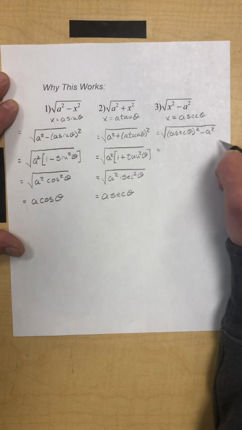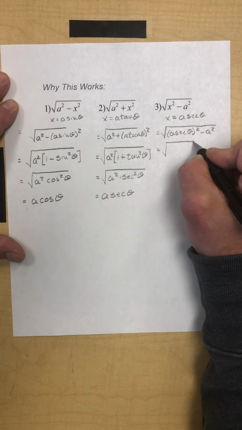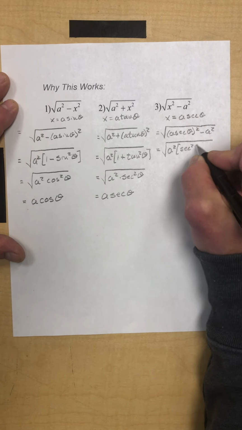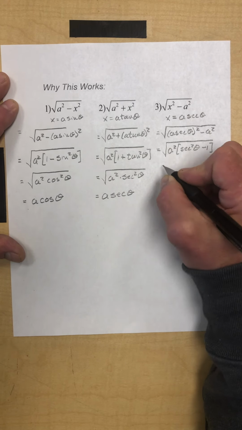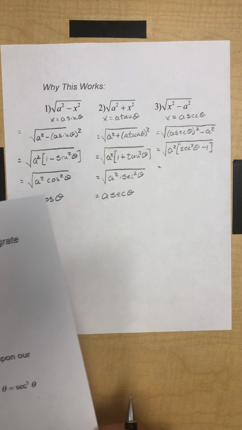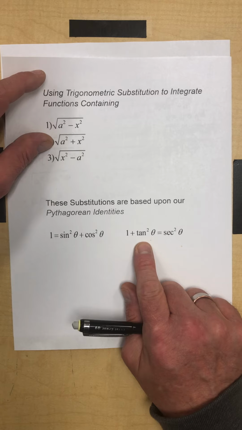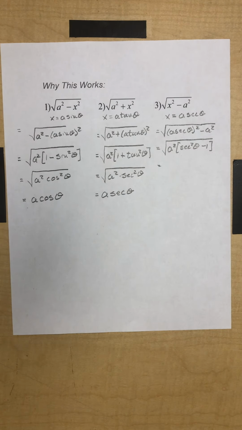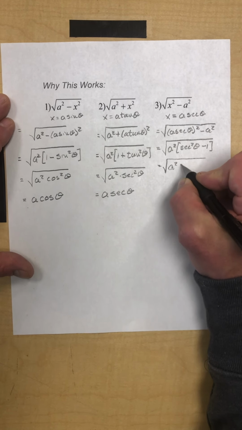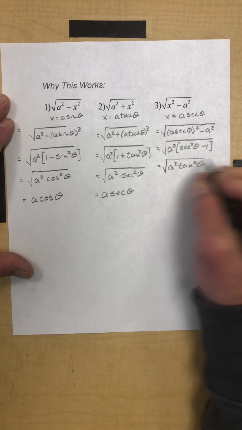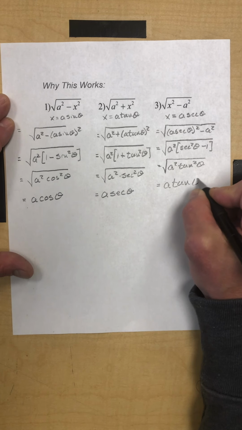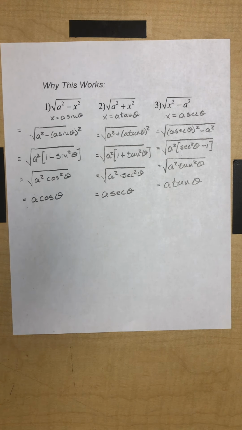Again, you have a common factor of a squared, so we pull that out, and I'd be left with secant squared theta minus 1. Then we go to our Pythagorean identities. Secant squared theta minus 1 is going to be tangent squared theta. So we get the square root of a squared tangent squared theta, and of course that's a perfect square, so we take the square root, we get a tangent of theta. So that's why all this stuff works out.